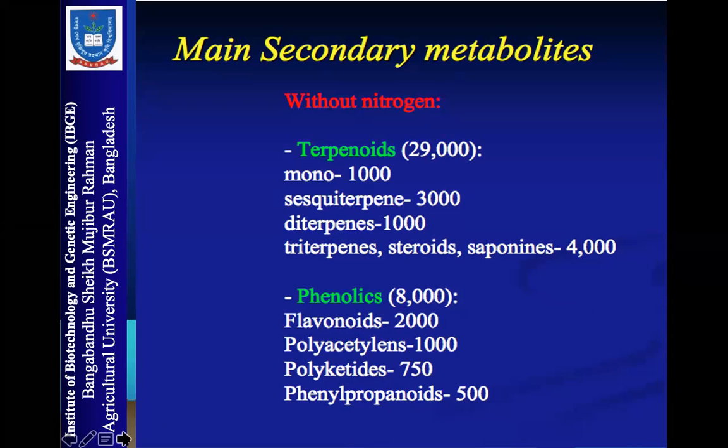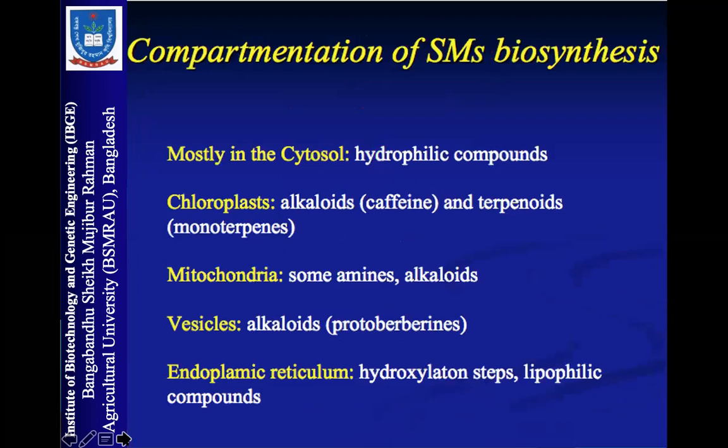Penicillin was discovered in 1932 or 34 by Alexander Fleming from a fungus, Penicillium notatum, and it was the first antibiotic commercially used, and it saved lives. After that, thousands of antibiotics have been discovered from plant sources as well as microbial sources, and all of those are basically secondary metabolites.